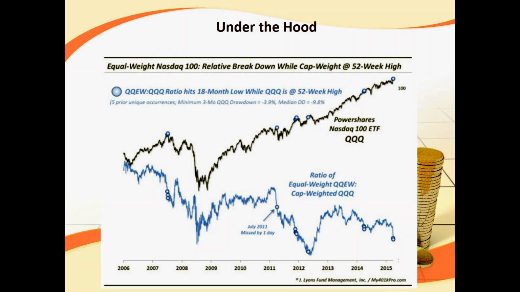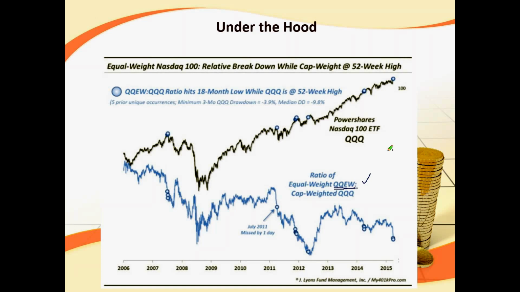And for those who are interested, you can pull up the ticker symbol. It's not an entity that anybody would want to trade. It doesn't move very much and there's no volume to it, but it does give you, at least for the NASDAQ, a look at what's going on when you take the weighting away from the Facebooks and the Googles and the Apples.